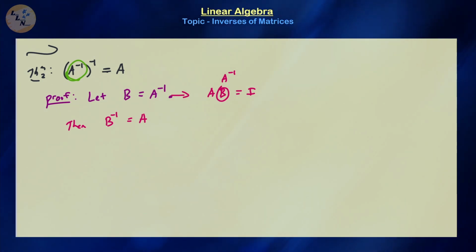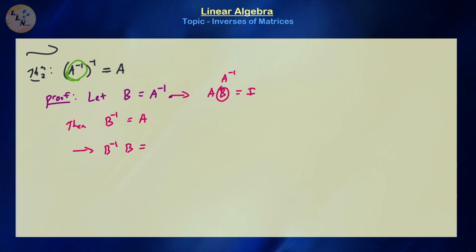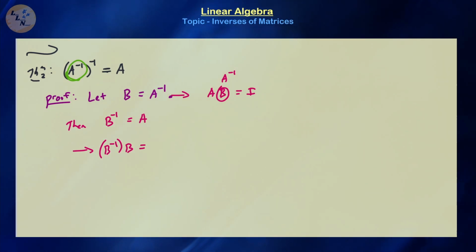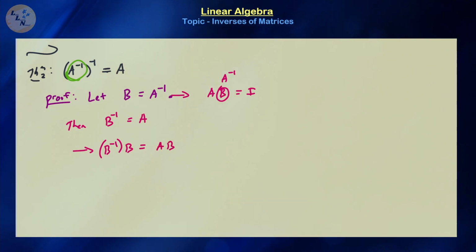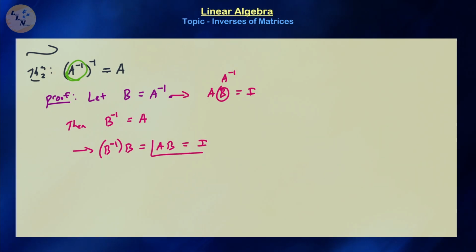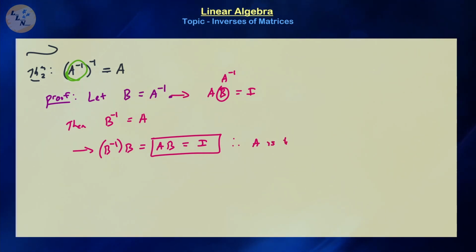So if A is the inverse of B, that means B inverse times B is equal to what? Well, if A is the inverse of B, that means B inverse can be represented as A, and A times B, since they are inverses, should be equal to the identity matrix, right? So that means, of course, that A is the inverse of B, as we've already stated.